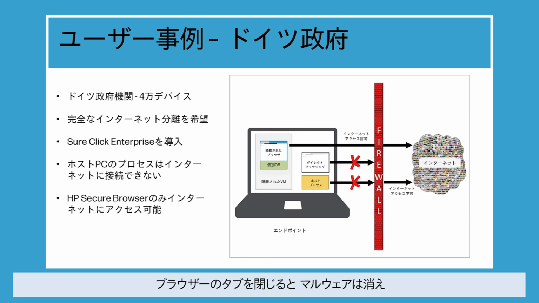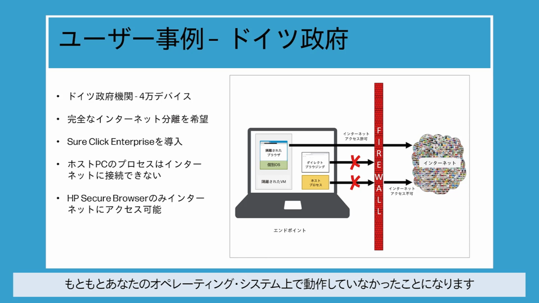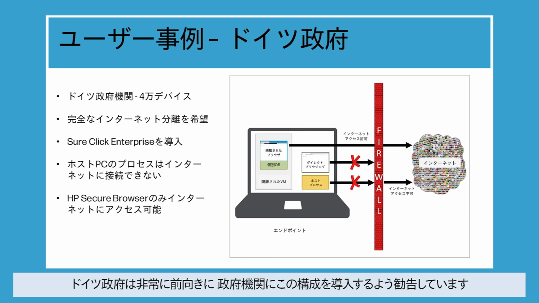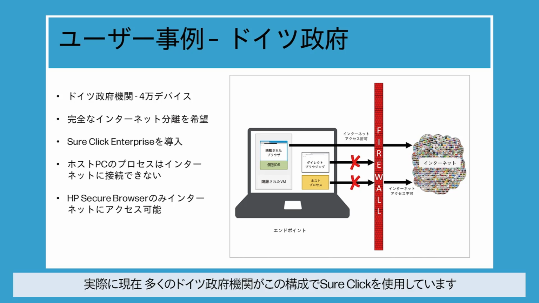And when the browser tab is closed, the malware is gone and was never really running on your operating system to begin with. And so the German government, being very forward-thinking, has made the recommendation that government agencies should adopt this. And we actually have many German government agencies using SureClick in this configuration today.